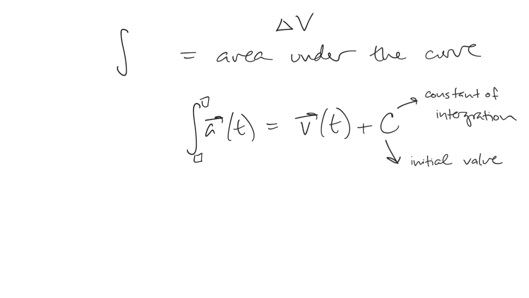So what this is going to mean is that to get your velocity function, v of t, you're going to have to do the integral of the acceleration function, and then you're going to have to add on a v naught, okay? You're going to have to add on this initial value. So that's the initial velocity.